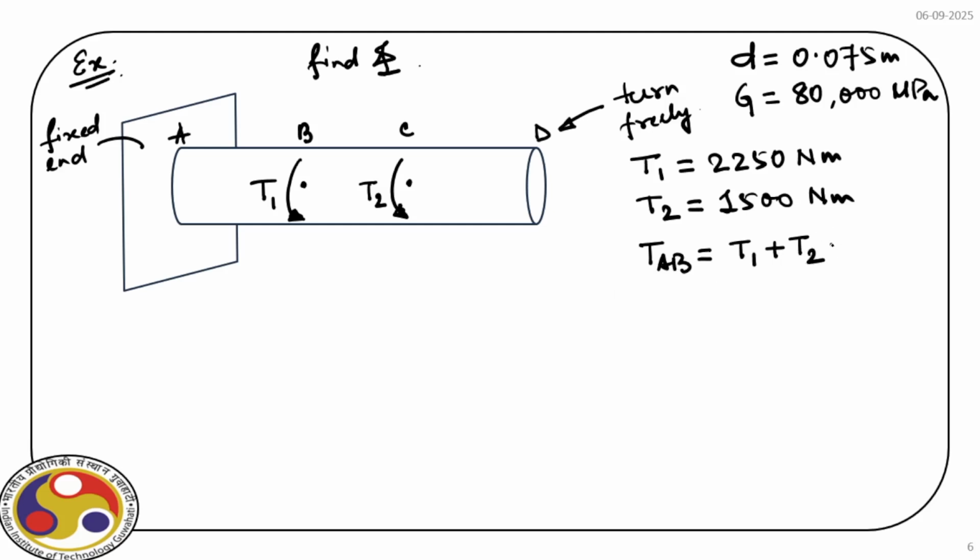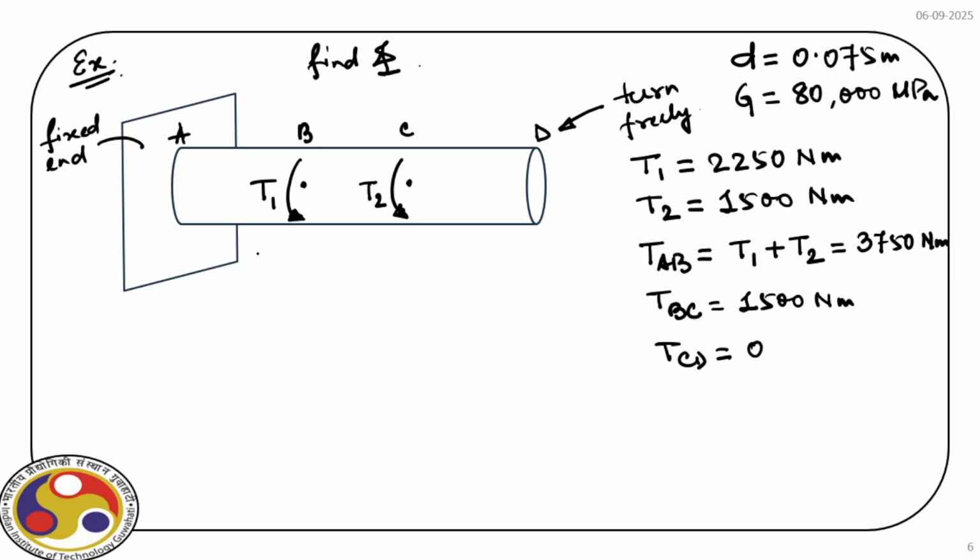Now that means this is 3750 Newton meter. What about the next segment, T of BC? Over this we apply actually T2, and that is 1500 Newton meter. And TCD, because this end is allowed to rotate freely, the amount of torque over this section is 0.